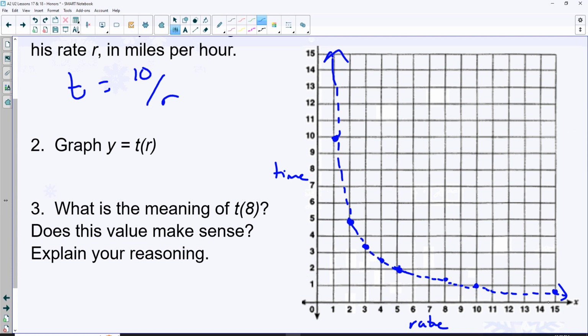He can't have a time of zero unless he teleports, and well, that's not happening yet. So it looks like this line is never going to reach zero, and that's important. It's going to come really close, though. His time could get really, really low, but it will never actually get there.